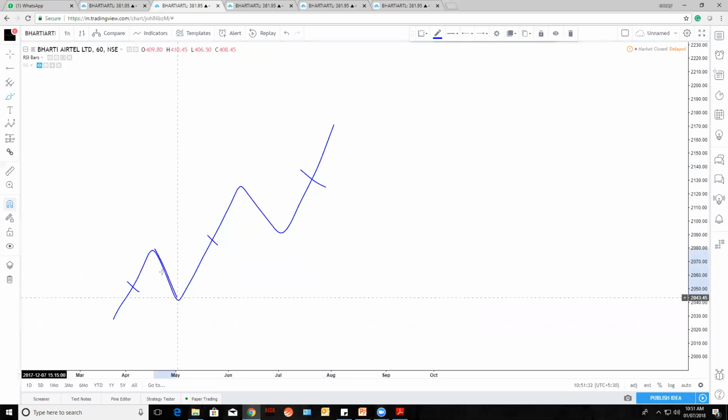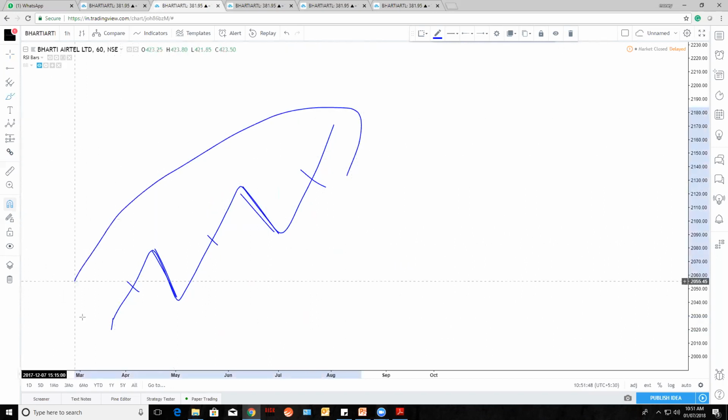This is like a correction to wave 1, a correction to wave 3 and a correction to wave 5. In this 5-wave structure, that is wave 1, 2, 3, 4 and 5, the third cannot be the shortest. What does it mean?